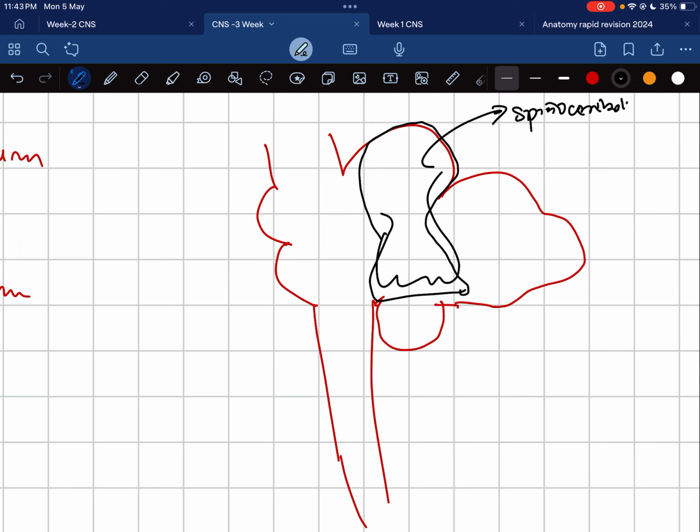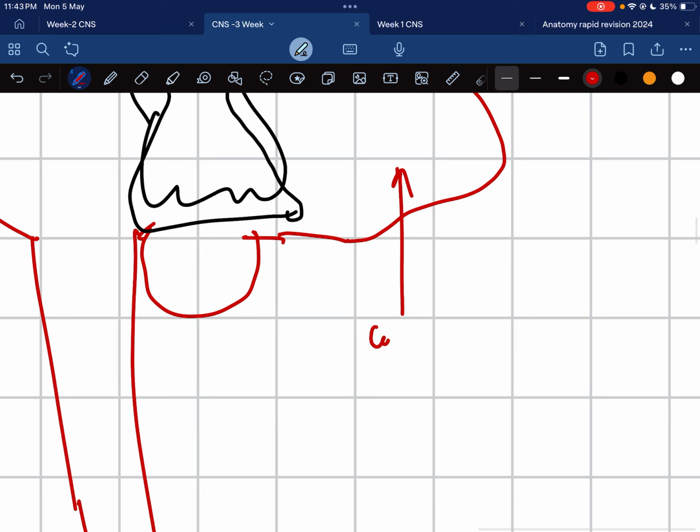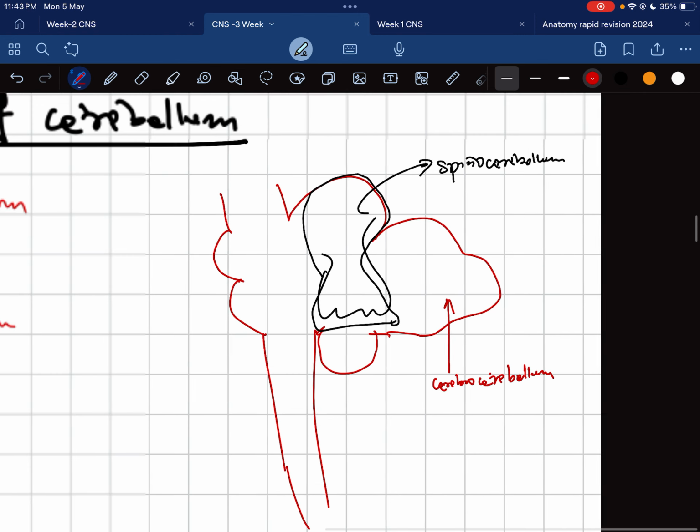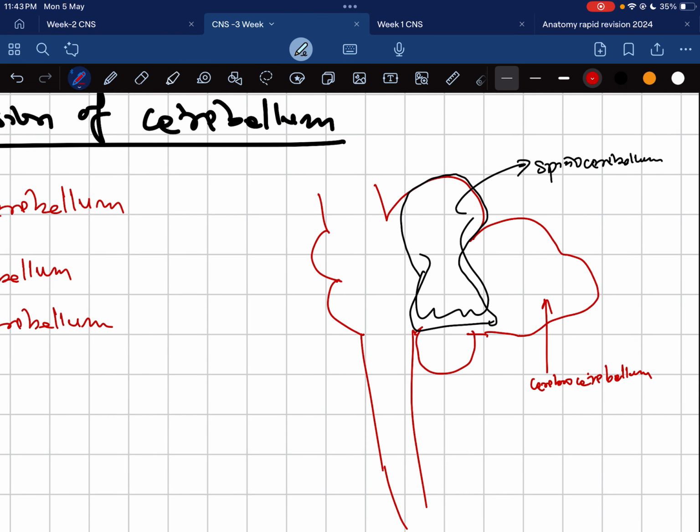In this there is a connection between the spine and the cerebellum, and impulses come from the spine to the cerebellum. This is the cerebellum, this is the hemisphere, and there is some primitive part.